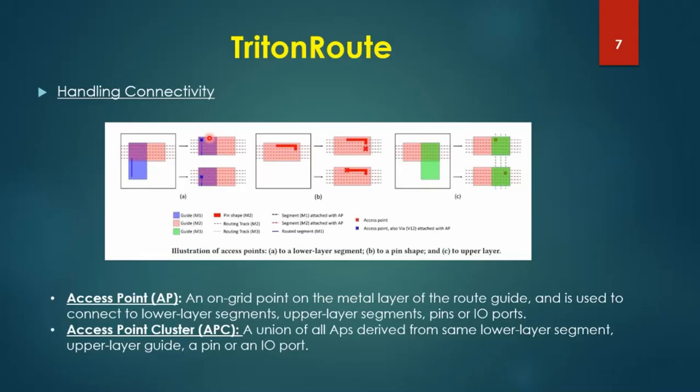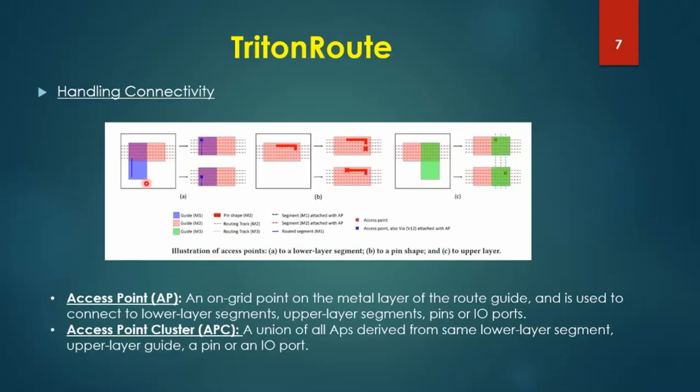And second is, how do you make the connectivity between one access point cluster and another? Say for example, if there is a connection between metal 1 and metal 3, the metal 1 is the blue one, and metal 3 is the green one. The connection has to go through metal 2, which is the peach one.